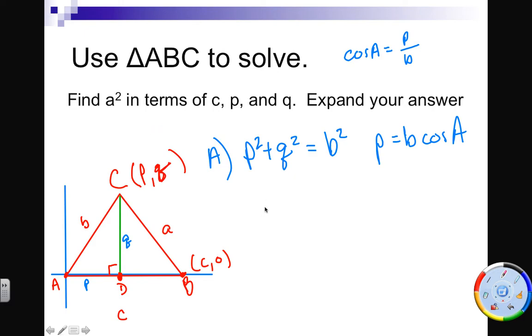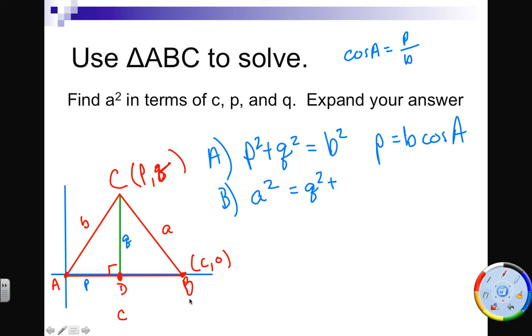Question B here is going to say, okay, find A squared in terms of C, P, and Q, and expand your answer. So I have A squared. A is the hypotenuse of this other right triangle. So I have A squared equals Q squared plus, well, what's this distance?